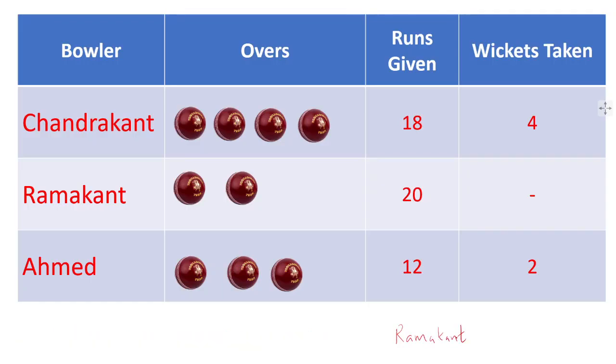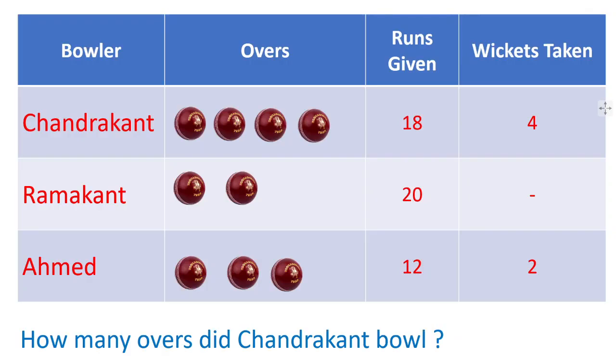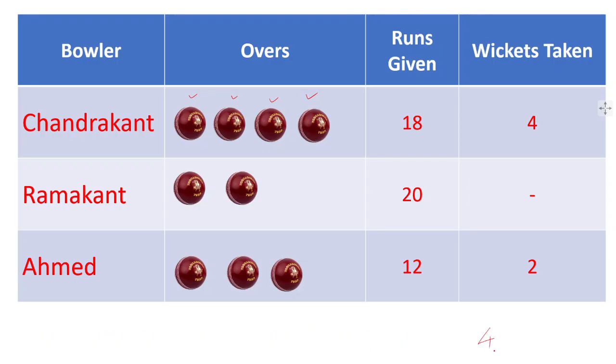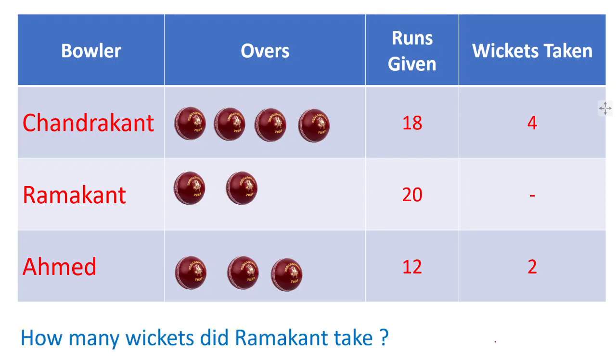Correct. Then you have another question, how many overs did Chandrakant bowl? That is a question related more closely to our pictograph. Chandrakant is the first person. 1, 2, 3, 4. You will write 4 overs. Right? Then another question can be, how many wickets did Ramakant take? Unfortunately, 0.